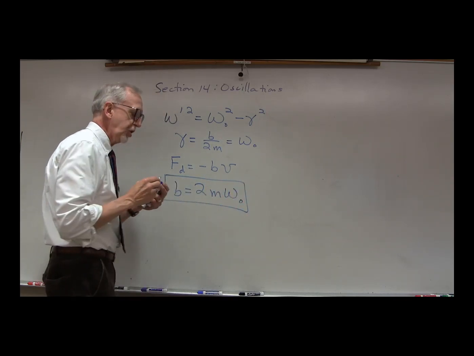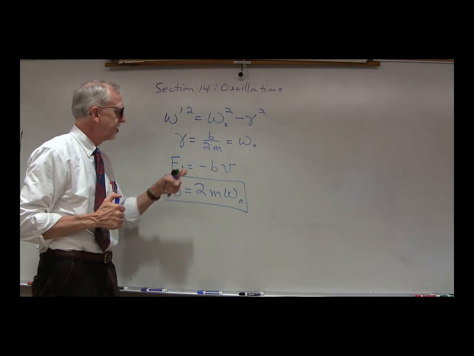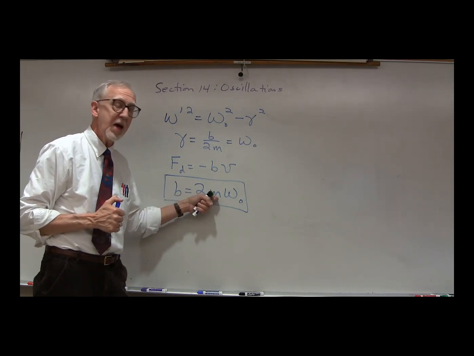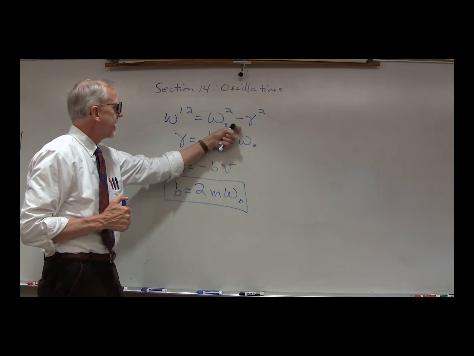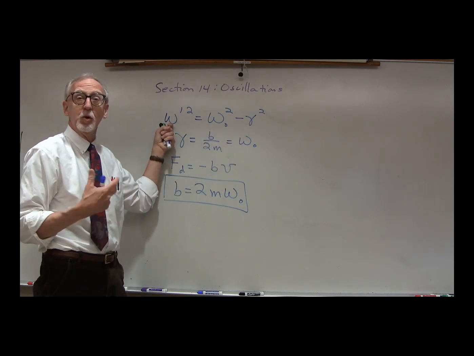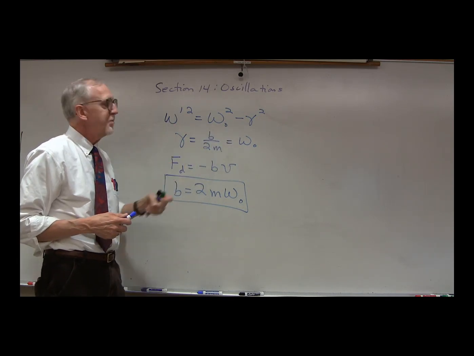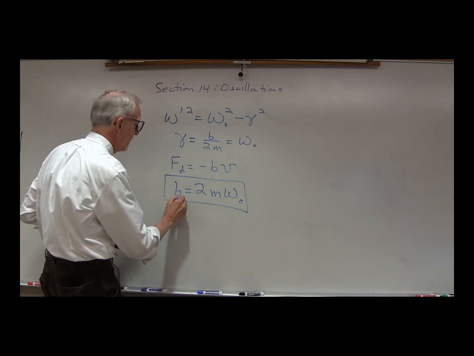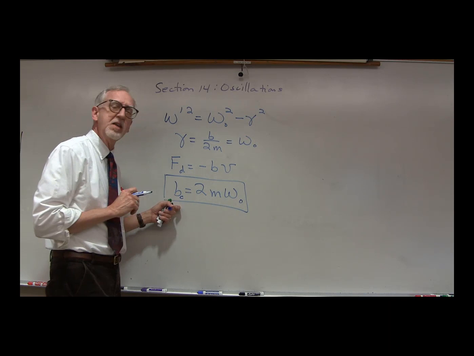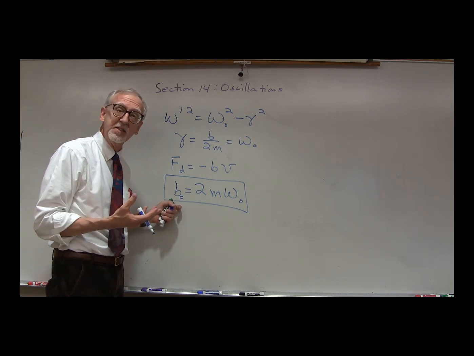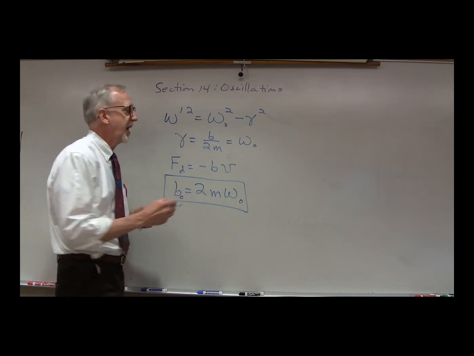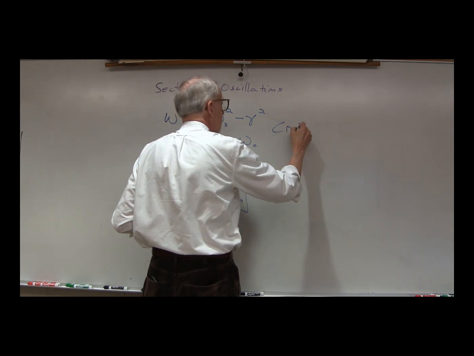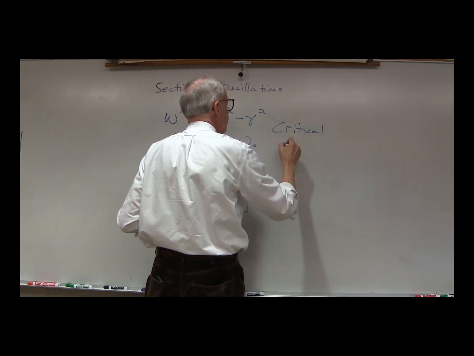So if we had so much friction that this coefficient b were as large as 2m omega naught, then we would end up with omega prime equal to 0. This amount of friction is what we call critical damping, and I'll write b sub c. This is the size that b would have to be in order to have critical damping.